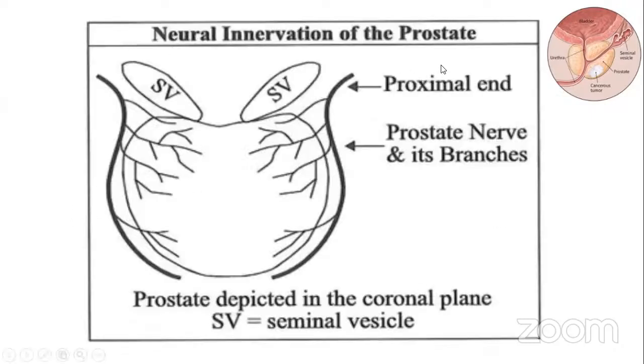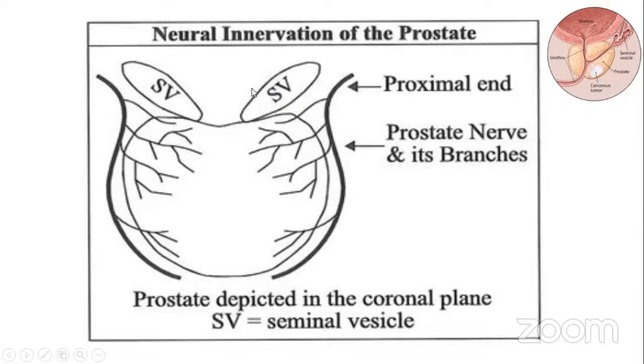This is the innervation of the prostate. As you see, posterolateral from the base, here this is the base, this is the seminal vesicles. So posterolateral, the proximal end, the prostate nerve and its branches, depicted in the coronal plane, and the seminal vesicle here.